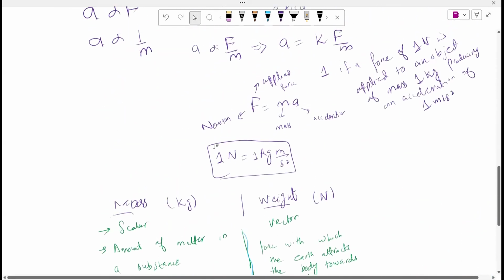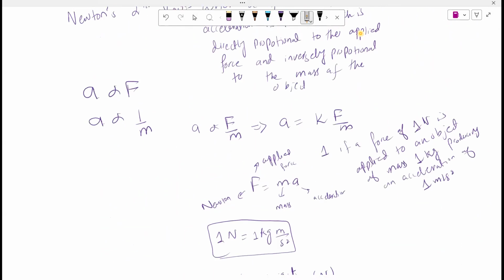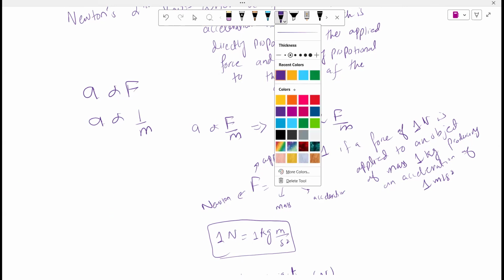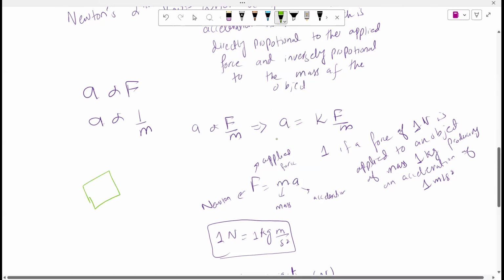Newton's second law is defined as whenever you apply force on an object, for example, this is an object, I apply force on it. Due to this force, this object will have an acceleration. Let me redraw the diagram. This is the object, okay?